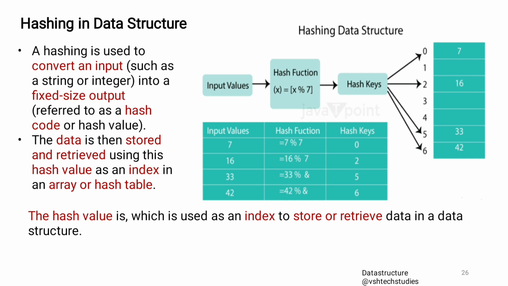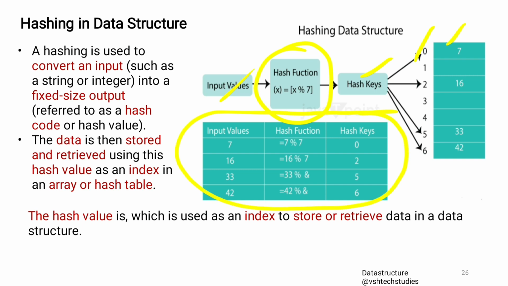The last one we consider is hashing in data structure. So what does hashing do? When we give data, a mathematical function is applied to that. Hash keys are generated. Along with hash keys, the given data is also stored. So this is a hash table, which stores the given data in the form of a table.